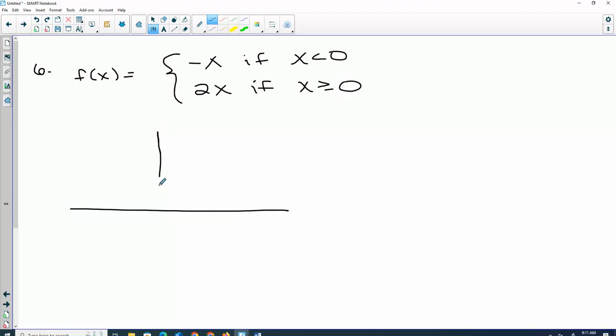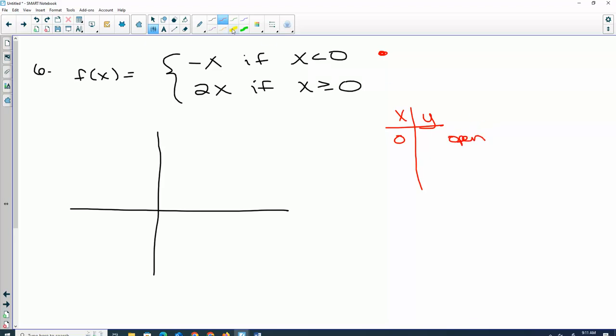What strategy do we use for graphing these? What have I told you to make? A T-chart, one for each piece. What do we have to plug in first? 0, because that is the beginning. But because it doesn't have an equal to, when I plug that in, it will be an open circle.